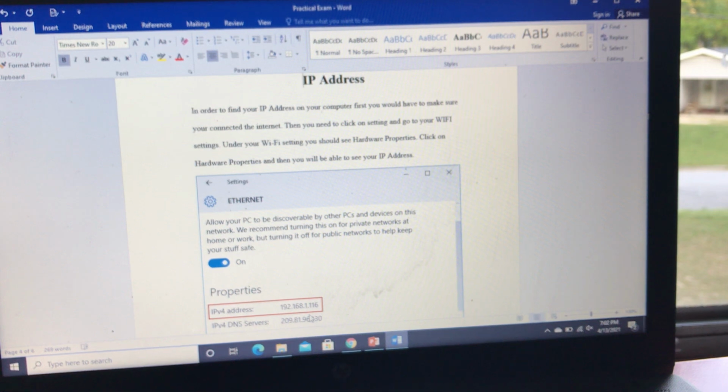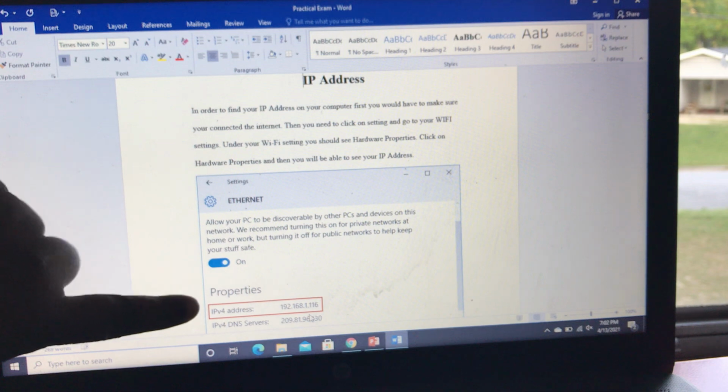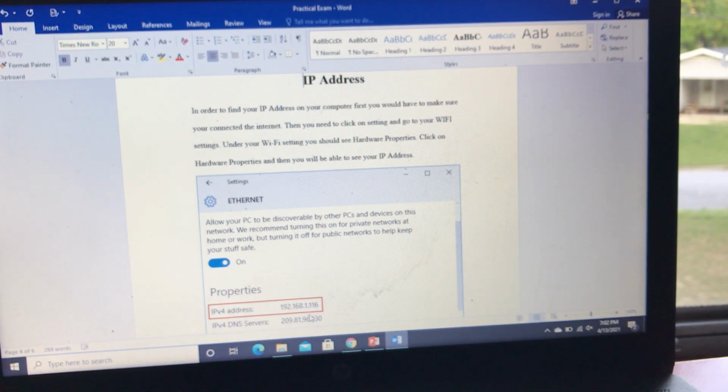Then you click on settings and go to your Wi-Fi settings. Under the Wi-Fi settings, you should be able to see hard drive properties. Click on the hard drive properties and then you will see your IP address. For safety reasons, I didn't use my own IP address, but here's an example of what the IP address will look like.